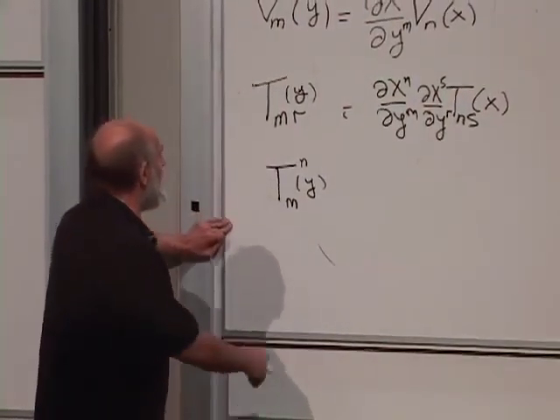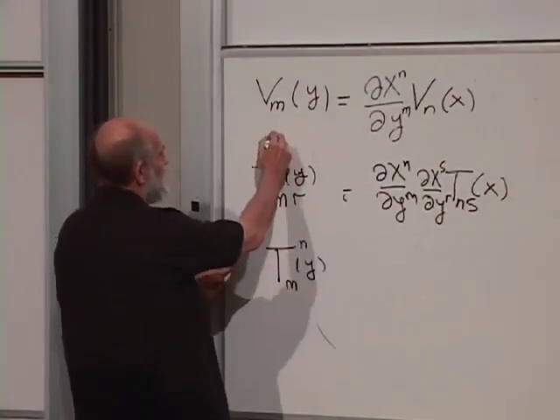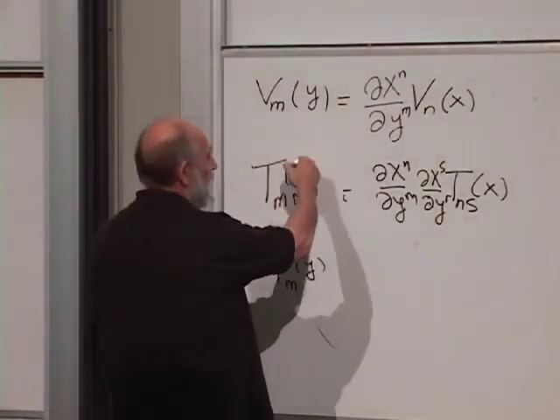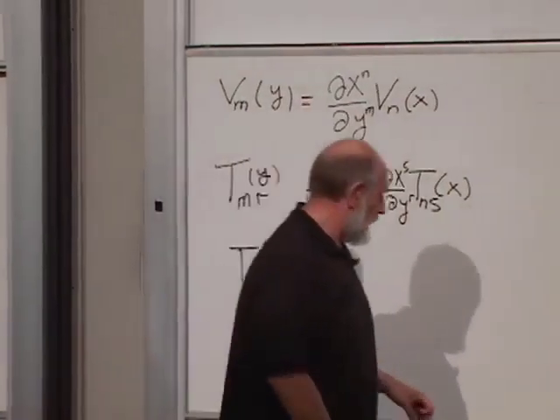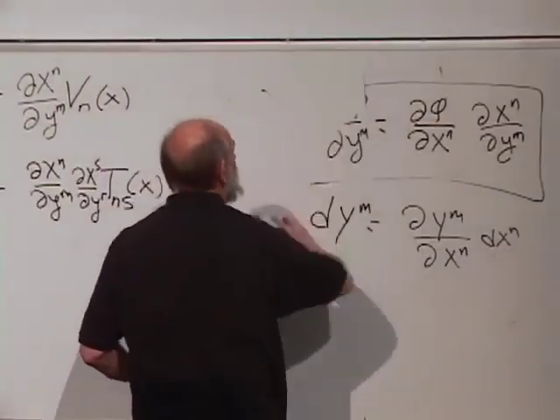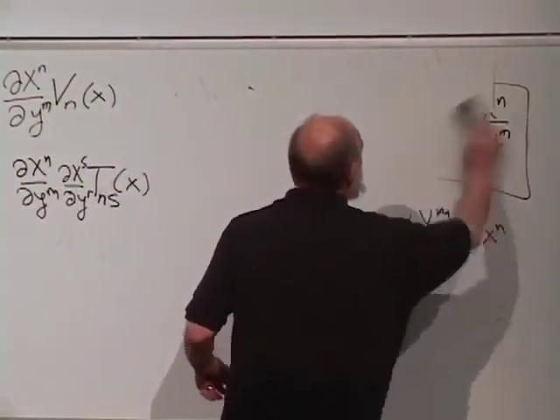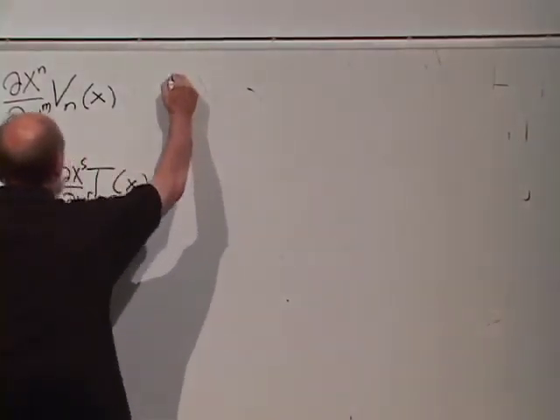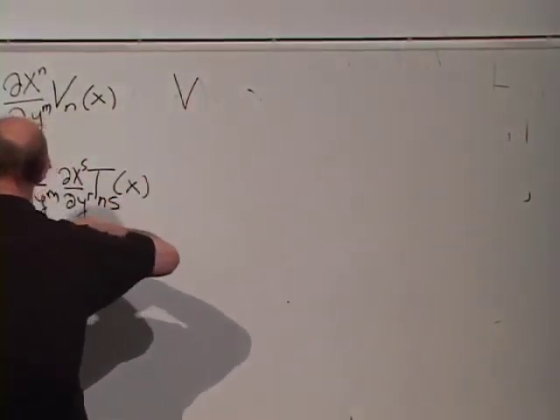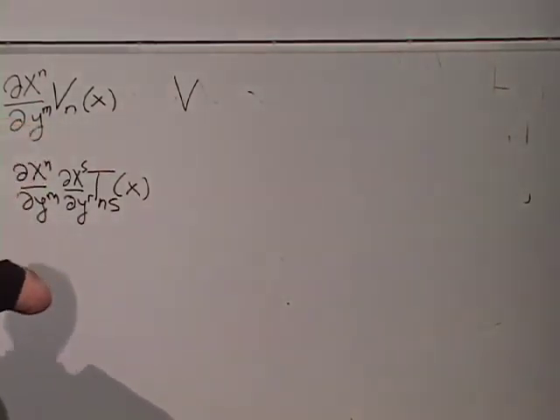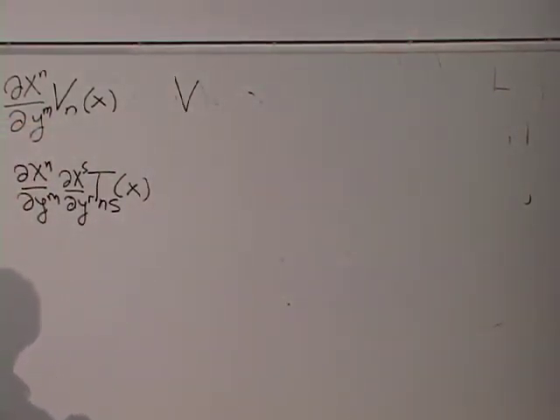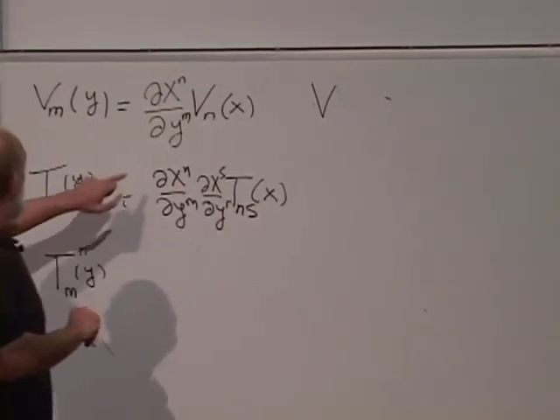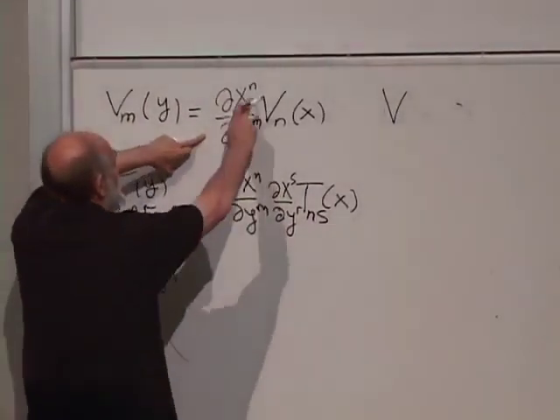Well, I should not have erased the transformation properties of the things with upper indices here. Let me write them down over here. So, yeah, here's for the lower index m, and let me change variable here.